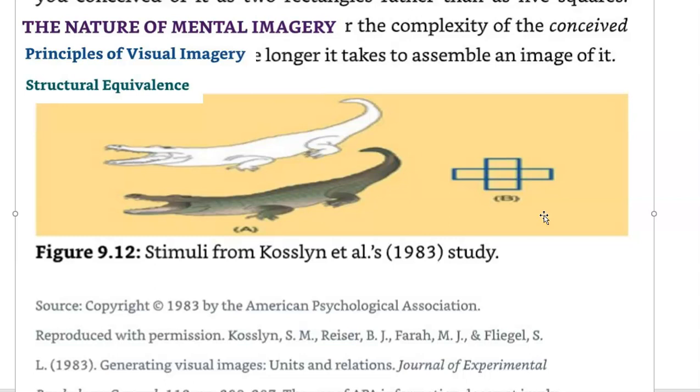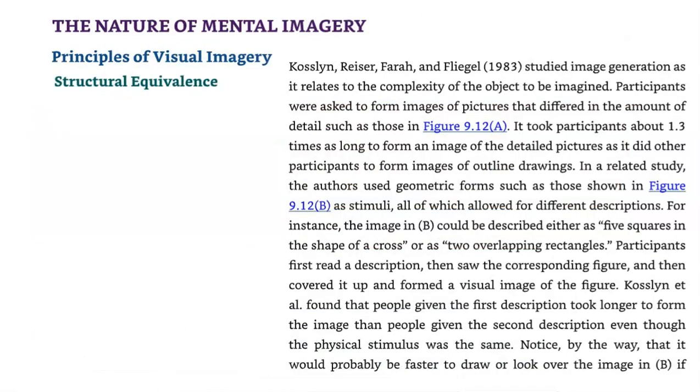Basically, the verbal description of it, and I like the way that your author describes this, that the very bottom sentence there, Coslin et al. found that people given the first description took longer to form the image, the 5 squares in the form of a cross, than the second description, which was the 2 overlaying rectangles.